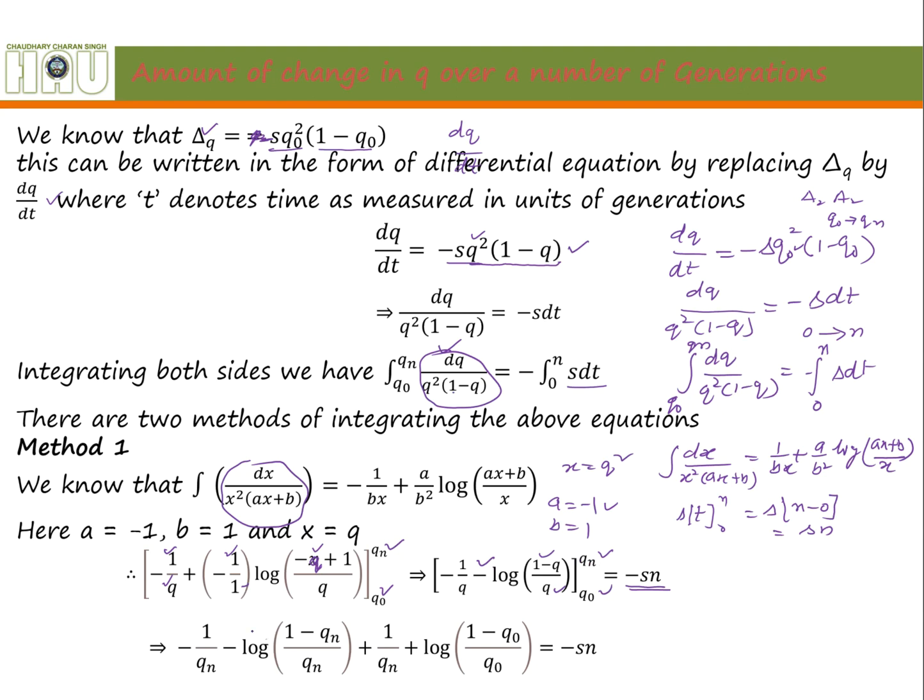If I substitute first qn, I will get -1 by qn minus log of 1 minus qn divided by qn, and minus the q0 terms: plus 1 by q0 plus log of 1 minus q0 over q0. Here, minus minus becomes plus, so Sn minus Sn. Right? So we will continue it.